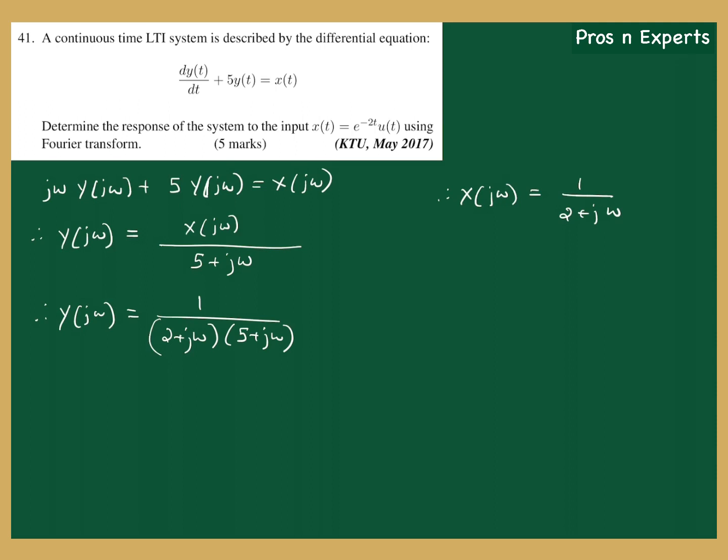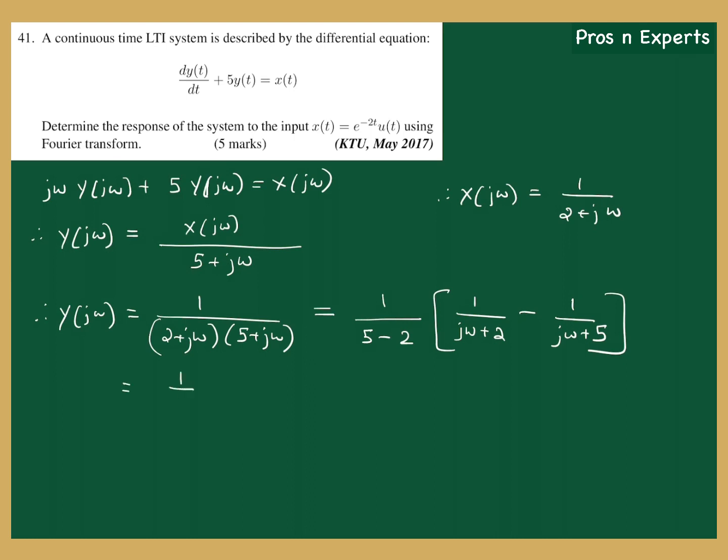For that, inverse transform is to be applied, and we have to find the partial fraction. The simplest method is: 1 by big number minus small number into 1 by j omega plus small number minus 1 by j omega plus larger number.